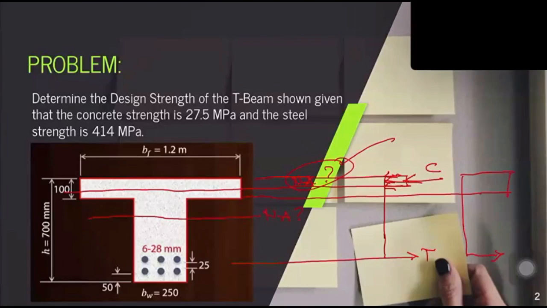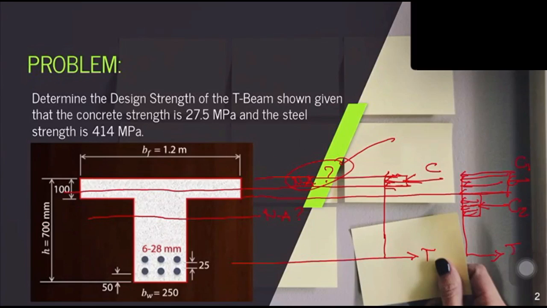Then meron ka pang isa dito. So this is magiging C1 and this is magiging compression 2 and this is tension. So yan lang ang magiging problema mo pag T-beams.